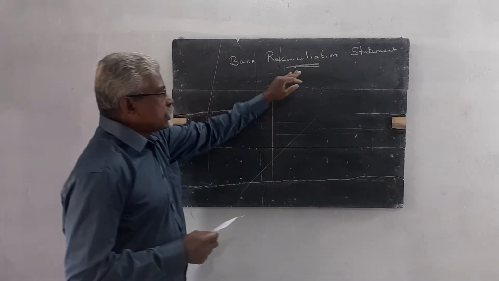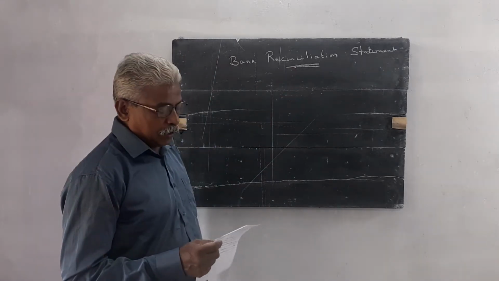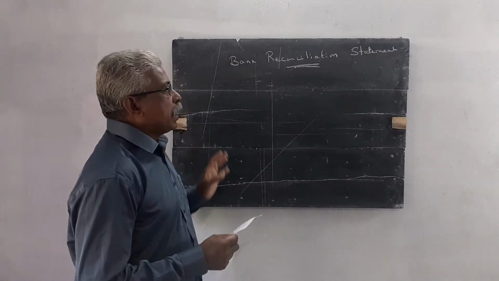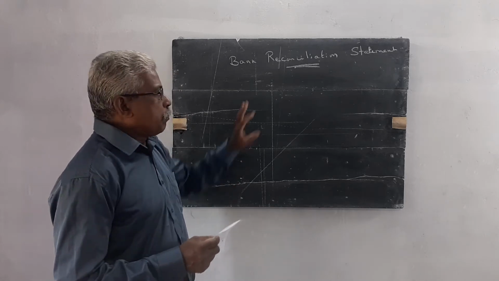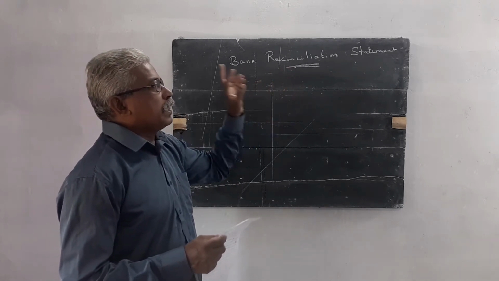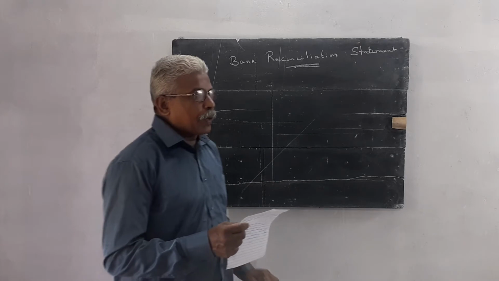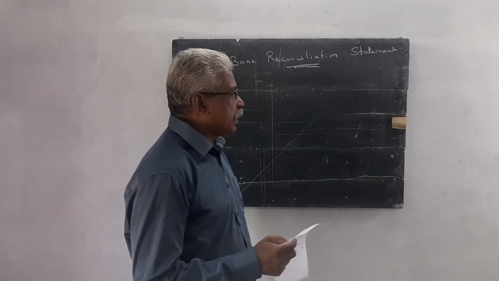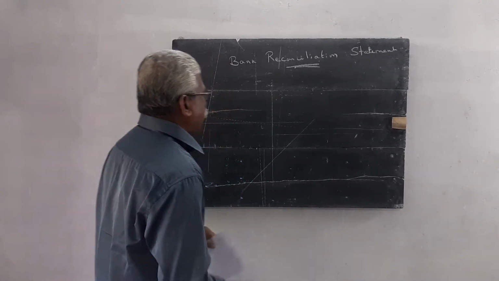Before studying the bank reconciliation statement, what is the meaning of bank reconciliation statement? It is a statement prepared for the purpose of finding the difference between the cash book and the passbook.